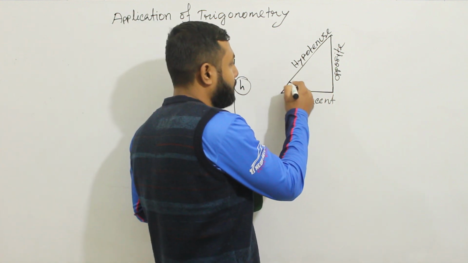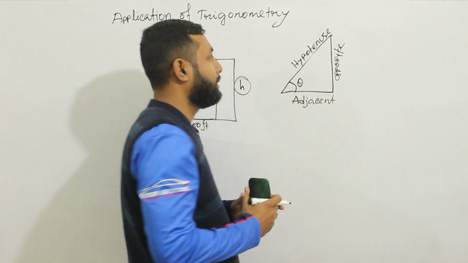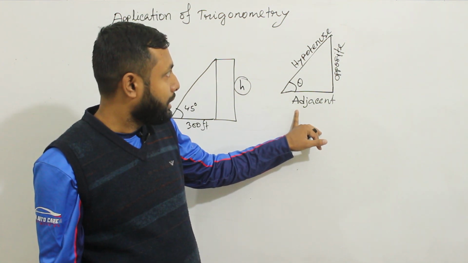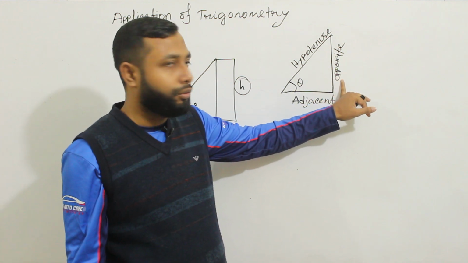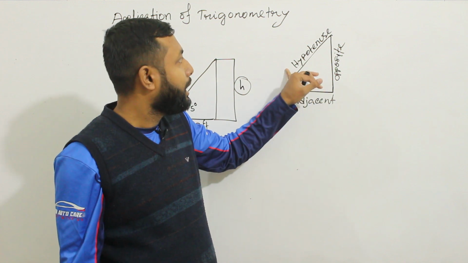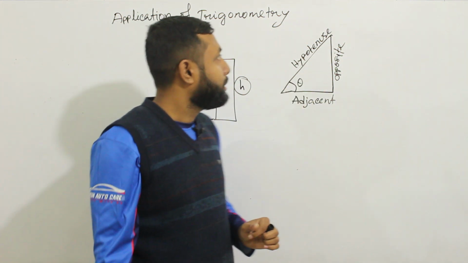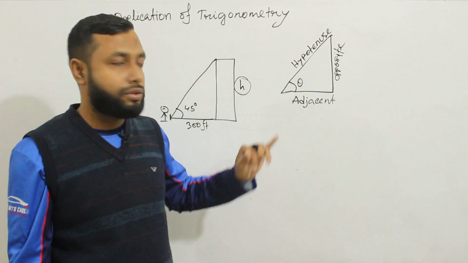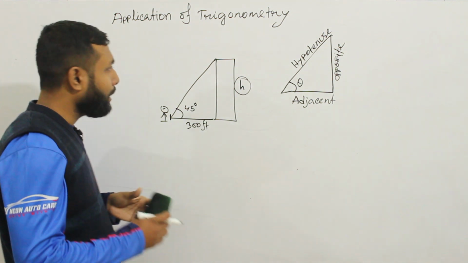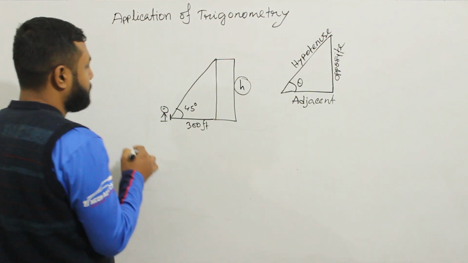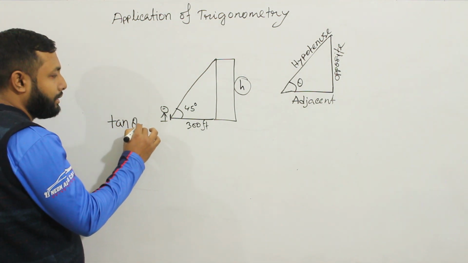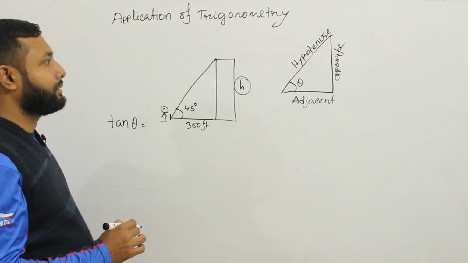If we think of an angle here, theta, then we can name the arms of that triangle: that is the opposite arm, that is the adjacent arm, and that is the hypotenuse arm. And in that case, if we think about tan theta, then tan theta is equal to what?